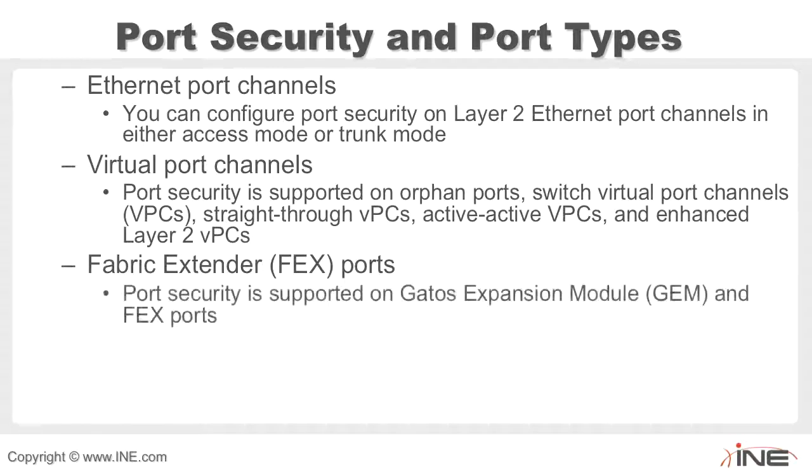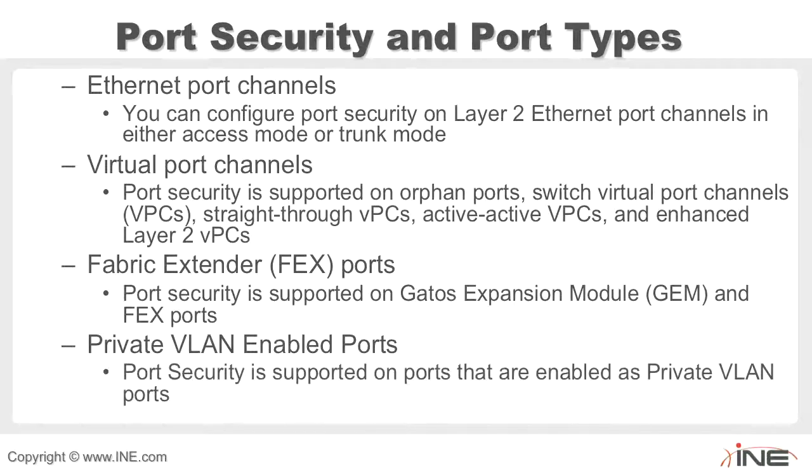And we can even do it on FEX ports, the fabric extender, as well as the GEM modules, those expansion module ports in a fabric extender. We can also configure port security for private VLAN ports.